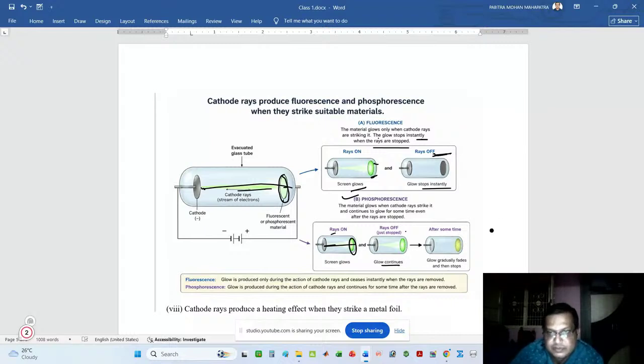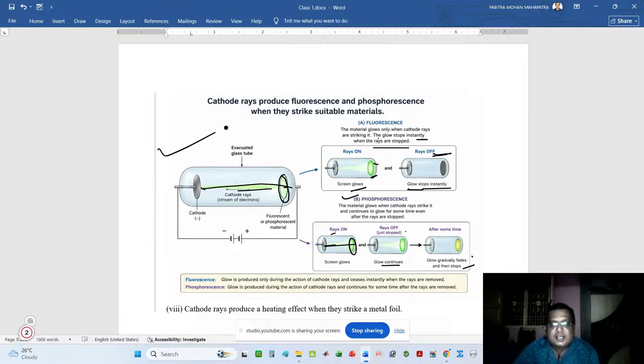After some time, the glow gradually fades and then stops. The only difference is that fluorescence stops suddenly, while here it takes some time to stop. It shows the glow for a nanosecond, but it shows the glow for more time as compared to the fluorescent substance. This is the only difference.